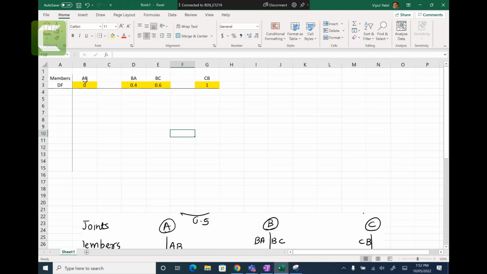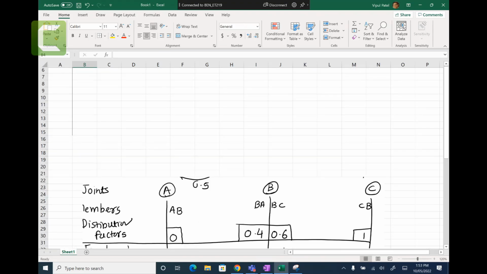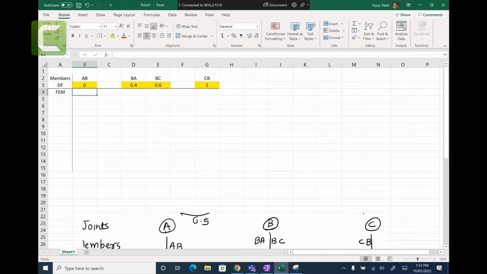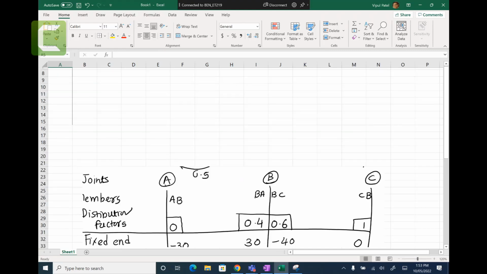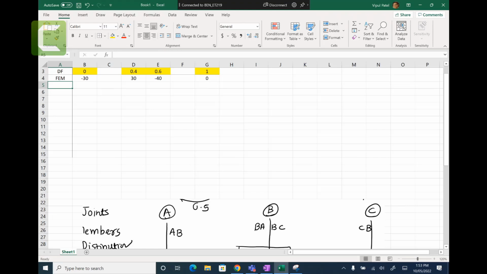And then we say fixed end moment. Fixed end moment is minus 30 and positive 30 and minus 40 and 0. Right? And then we do balance 1.